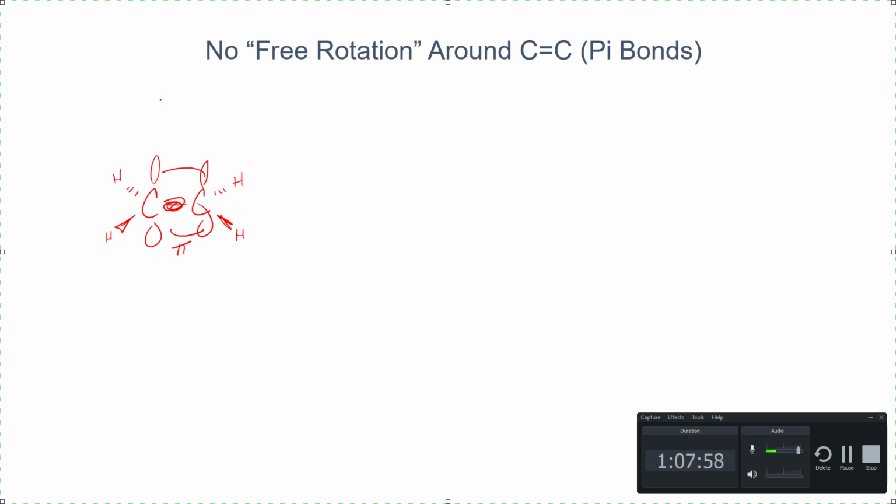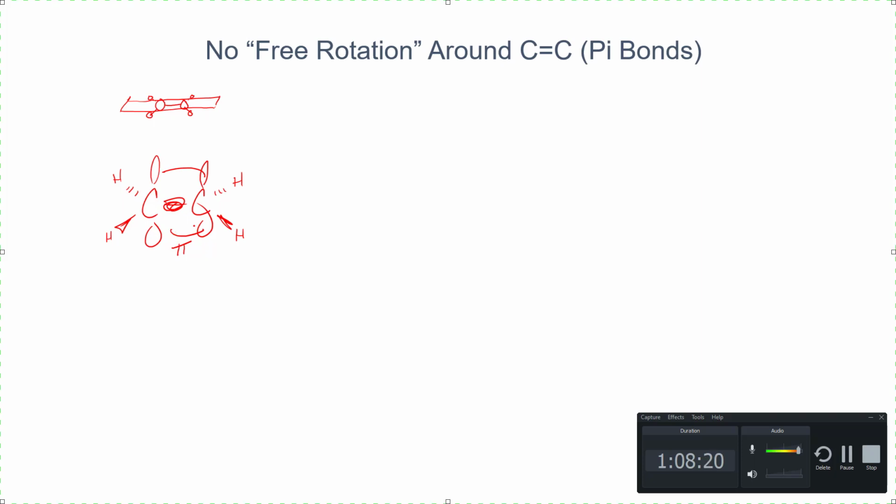So basically, I'm looking at this molecule as if it was pointing towards you, and then these guys were pointing away from you in the back. In other words, the plane of the molecule looks like that. There is no free rotation around a double bond.